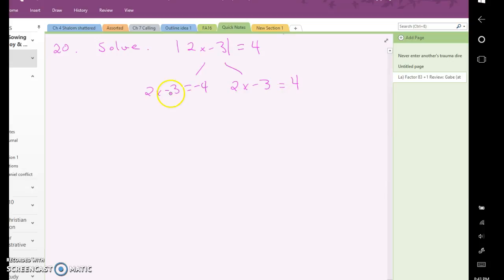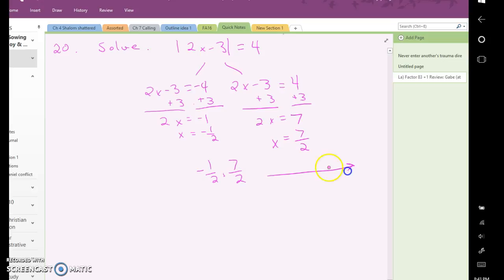So in the first case, we need to isolate x like we have been all semester. And we get x is negative 1/2. And in the second case, x equals 7/2. So those are our solutions, and you would write that negative 1/2, 7/2.